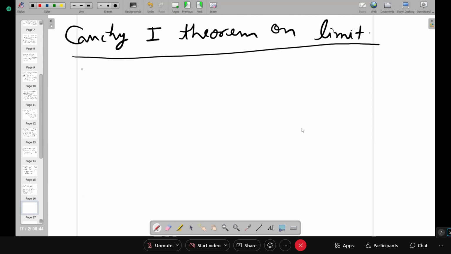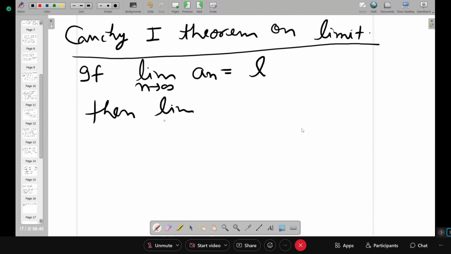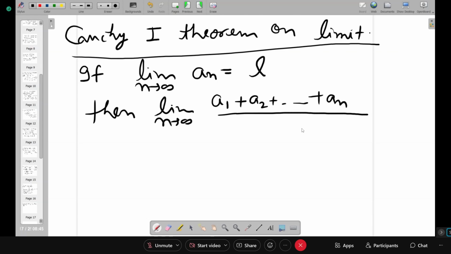So here what it says: if the limit as n tends to infinity of the sequence an is L, then the limit as n tends to infinity of (a1 plus a2 plus up to an) upon n will also be L. This is the formula given by Cauchy's first theorem on limit.